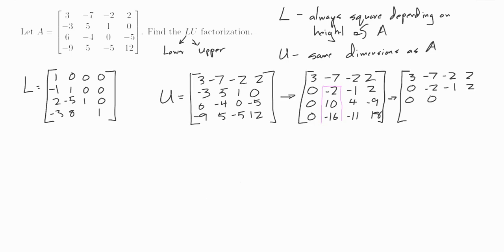Zero that out. So this will become -1 here and 1 once we add that. And then we will zero out by subtracting 8 of row 2 from row 4. That should get us a -3 here and 10 right there. And that's going to be our second step.